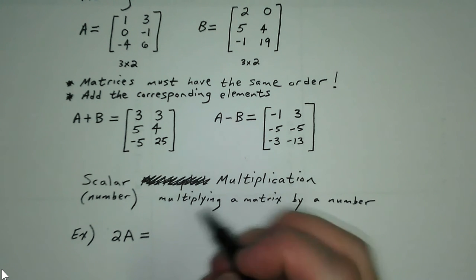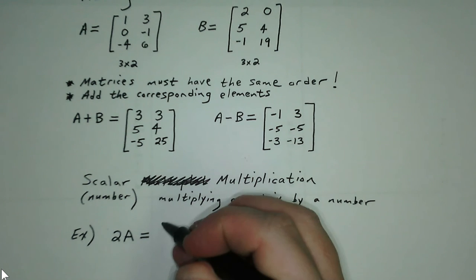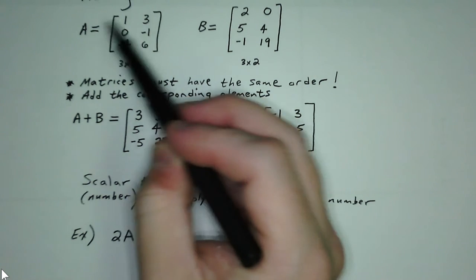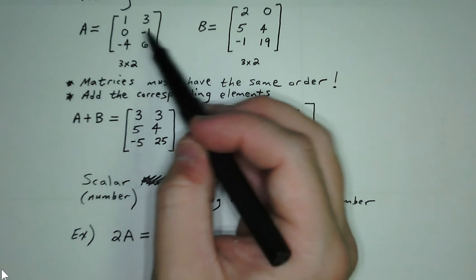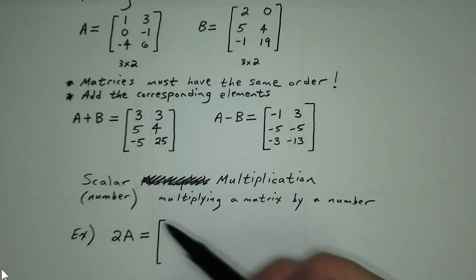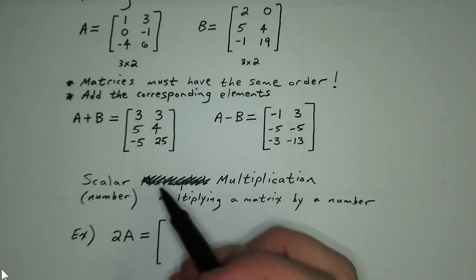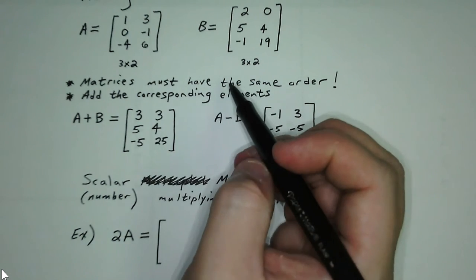Multiplying an entire matrix A by a scalar of 2, all that means is we're going to be multiplying every element in matrix A by 2. It's kind of like the distributive property. It's technically not, but it acts the same way.